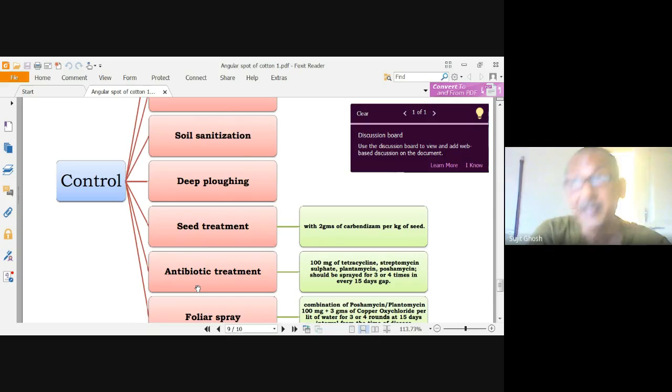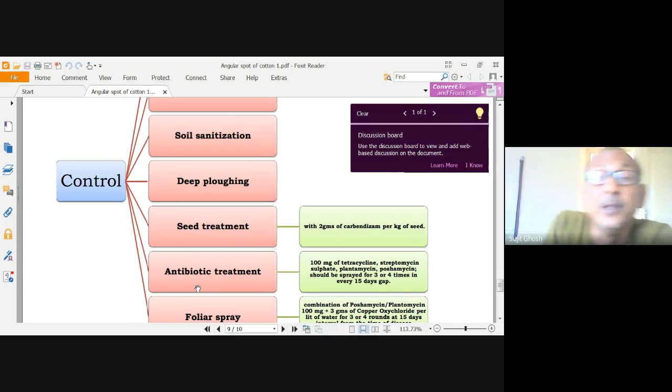As it is a bacteria, it can be treated easily with antibiotics: tetracycline, streptomycin sulfate, plantomycin, fosfomycin, etc., sprayed every 15 days interval, 3 to 4 times.